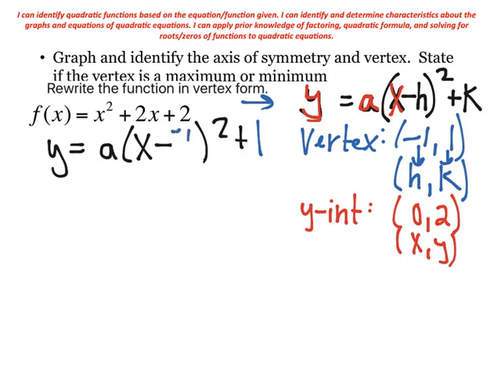H is negative 1. We also went and found the y-intercept, which is an x value and a y value. So now I know that the x value is 0 and the y value is 2.